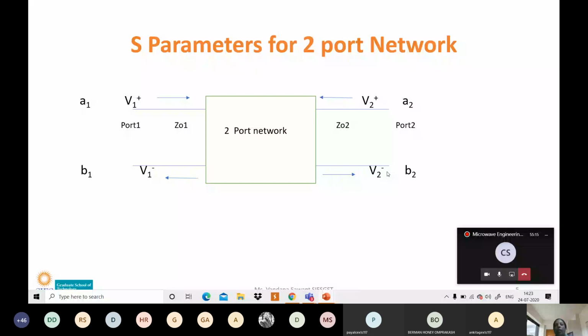The normalized incident signal at port number 1 is A1 and the normalized reflected signal at port number 1 is B1. The normalized incident signal at port number 2 is A2 and the normalized reflected signal at port number 2 is B2. All of you got it?